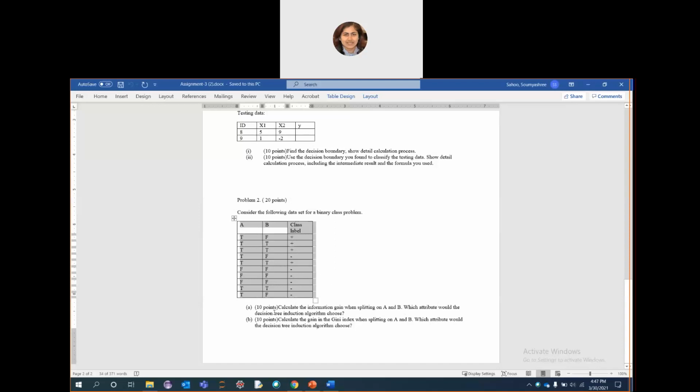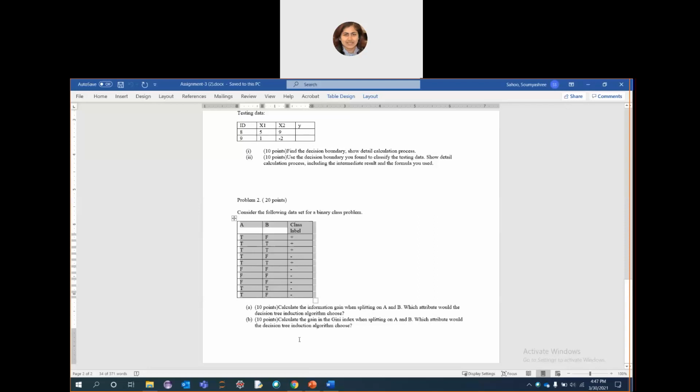So first, you need to show me the information gain while making a splitting condition on A and B, and show which attribute you will actually choose for the decision tree induction. Which attribute you should choose based on the information gain for the splitting condition of the decision tree.